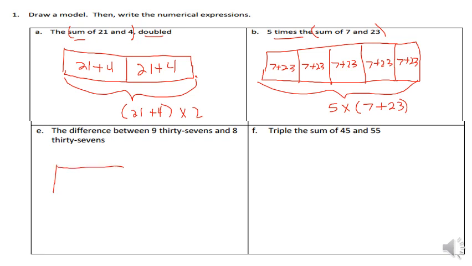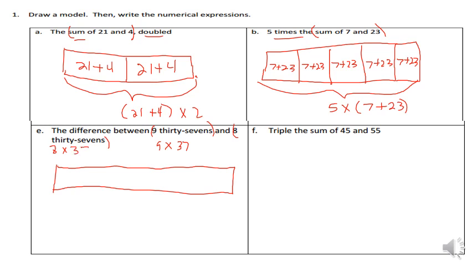E is a little different of a problem. We're going to have our tape diagram, and it's showing us the difference between 9/37 and 8/37. Now, 9/37 would be the same thing as saying 9 times 37, okay?